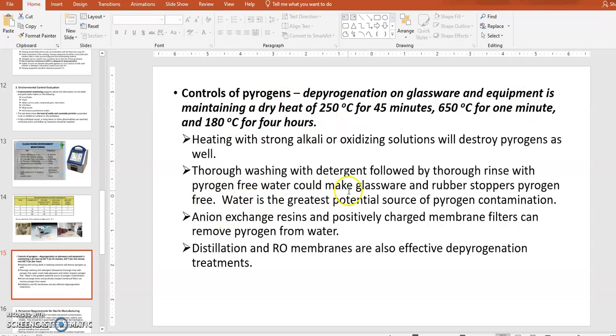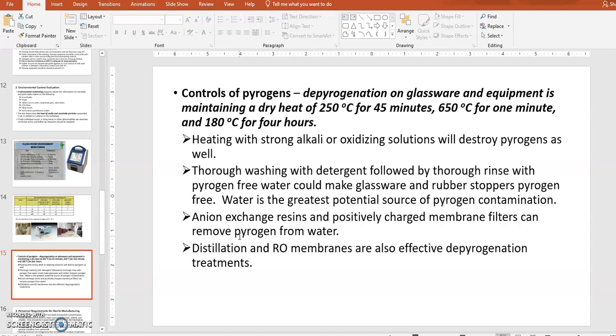Thorough washing with detergent followed by thorough rinse with pyrogen-free water could make glassware and rubber stopper pyrogen-free, and water is the greatest potential source of pyrogen contamination, so make sure your WFI is really clean, doesn't have a lot of pyrogen. An anion exchange resin and possibly charged membrane filters can remove pyrogen, because pyrogens are normally negatively charged. Think about it.